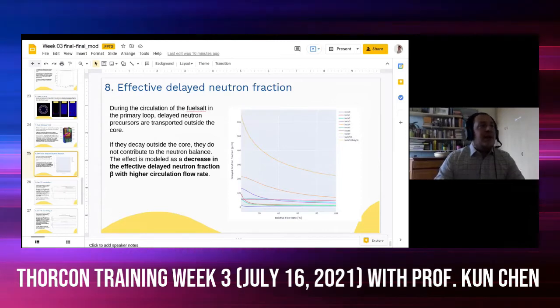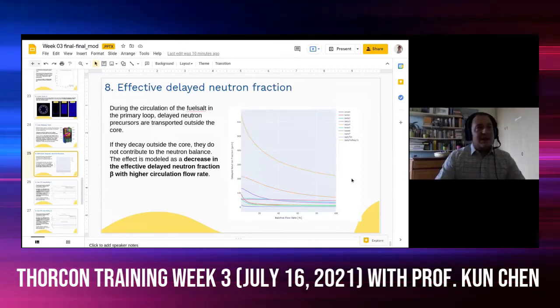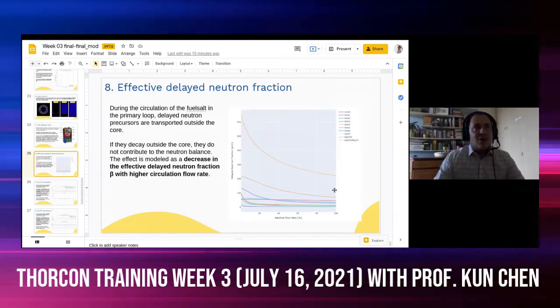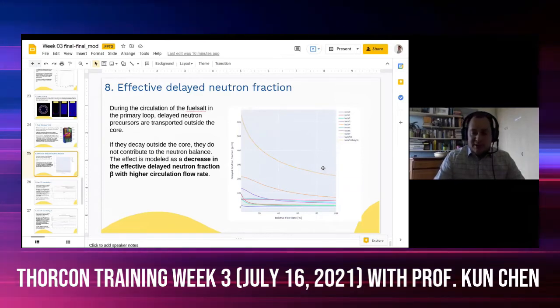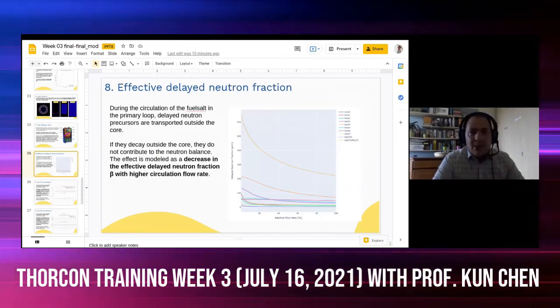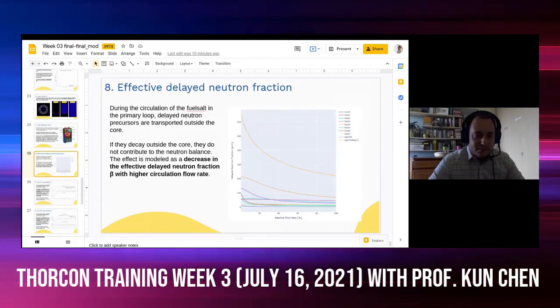In particular, at nominal flow rate, the effective delayed neutron fraction reaches a value of around or below 300 PCM. This number should not pose any problem.